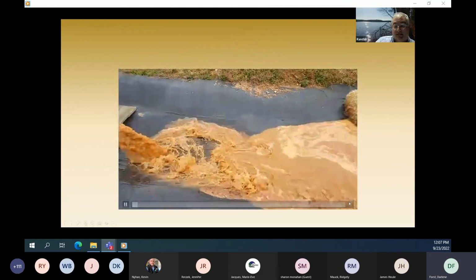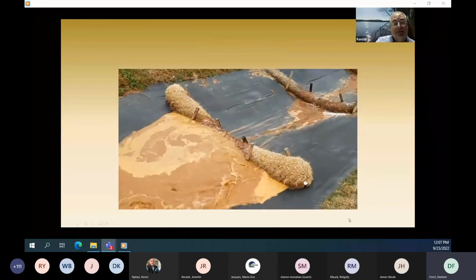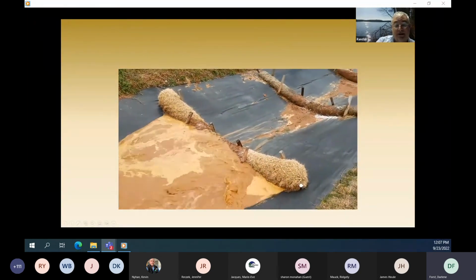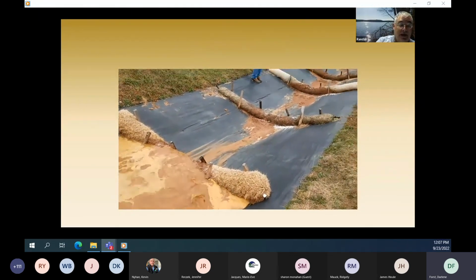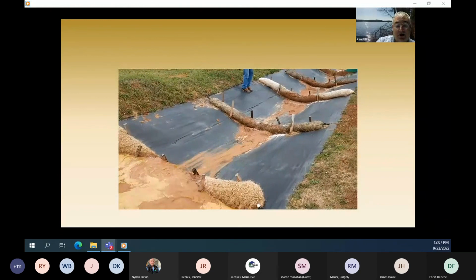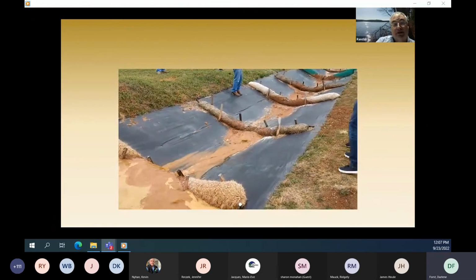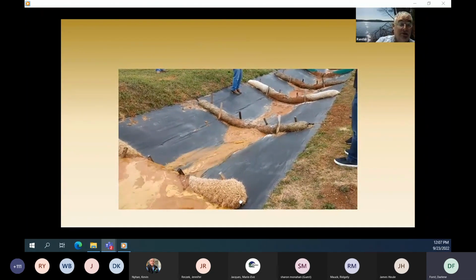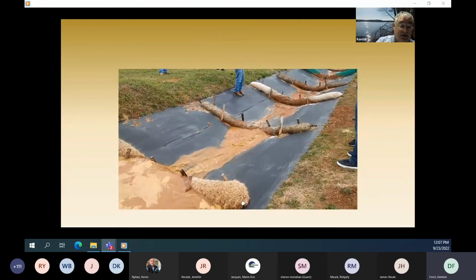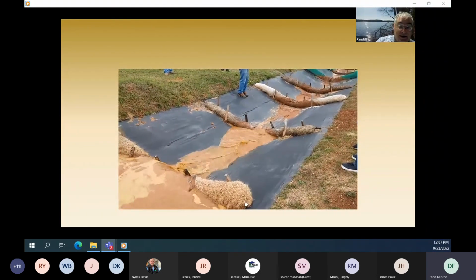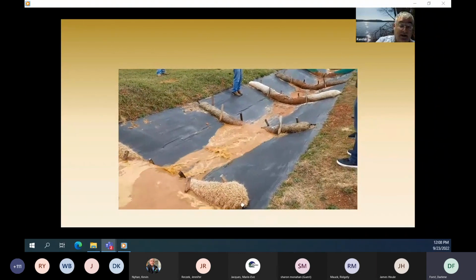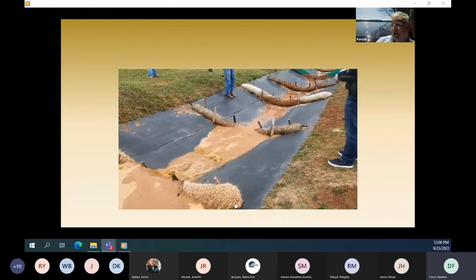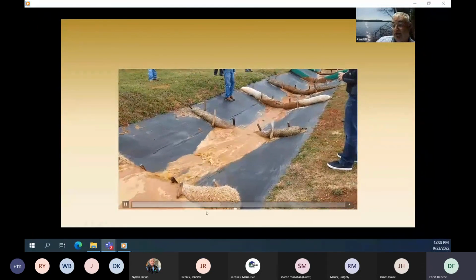this is another example. These are just different logs: flocculant logs, compost logs, coir logs, straw wattles, and all they did was sprinkle a little bit of the flocculant material on here. This whole swale is about 60 feet long, and what they're going to do is grab samples as they go through.